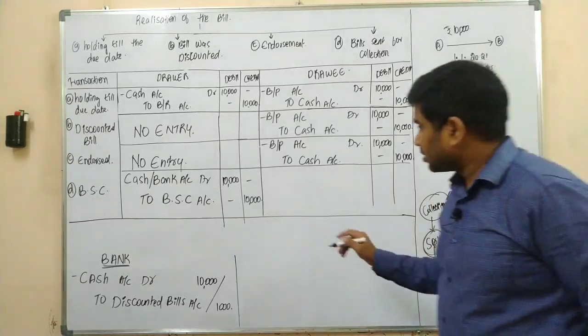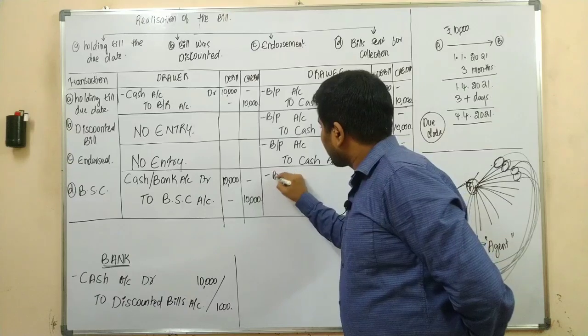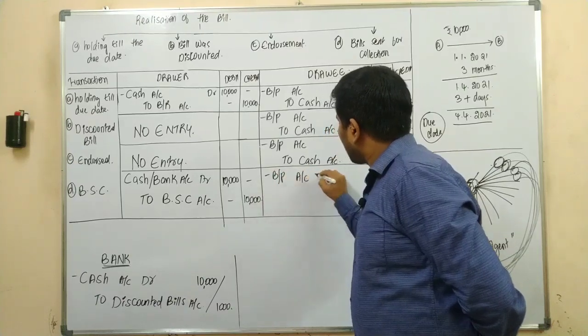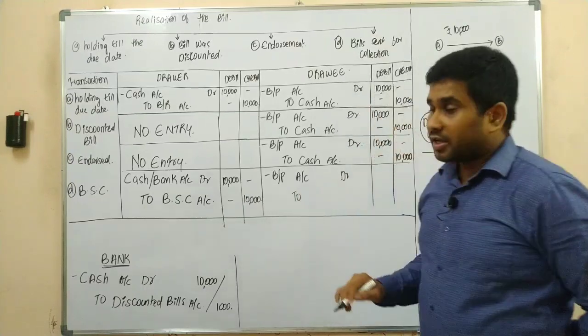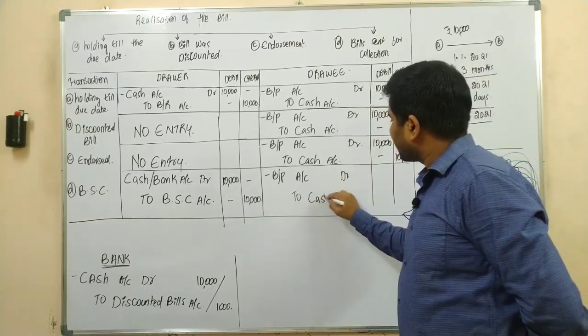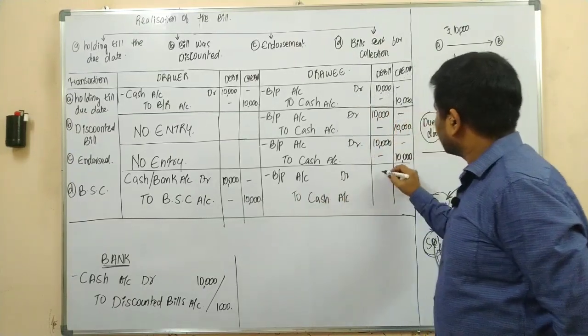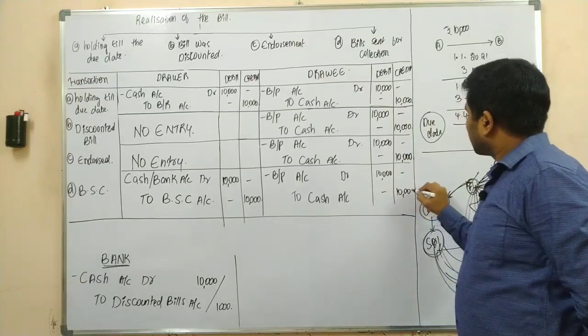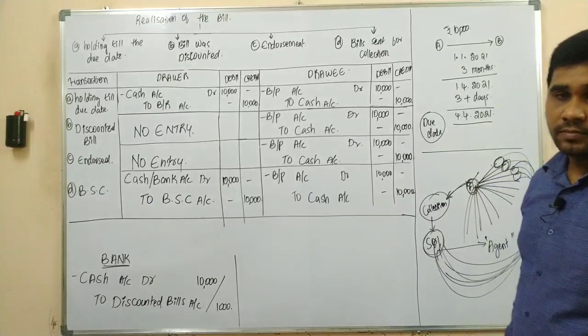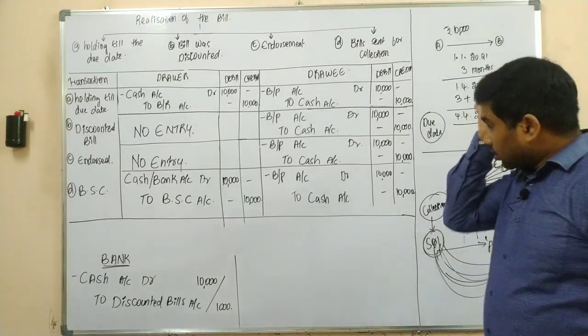So what is the journal entry, sir? The journal entry would be bills payable account debit, to what he is paying, sir? He is paying cash. So the amount would be 10,000. Yes or no?